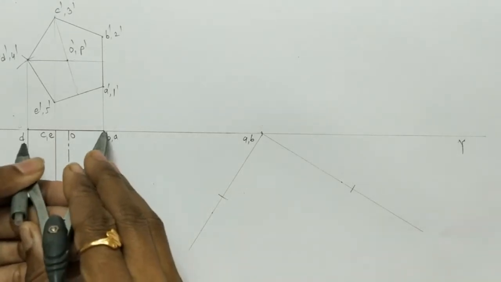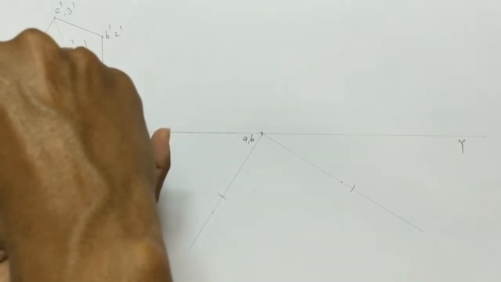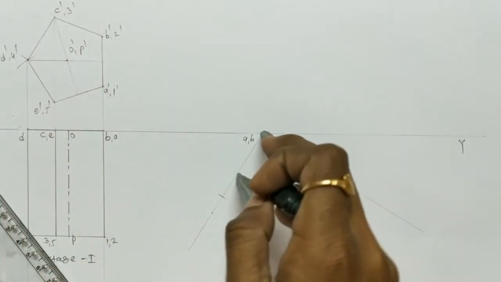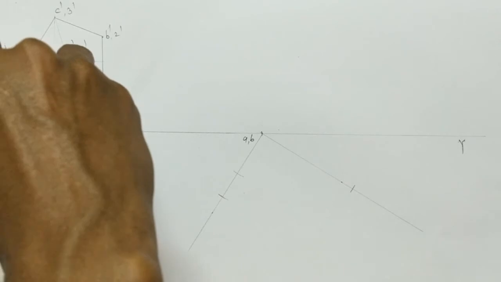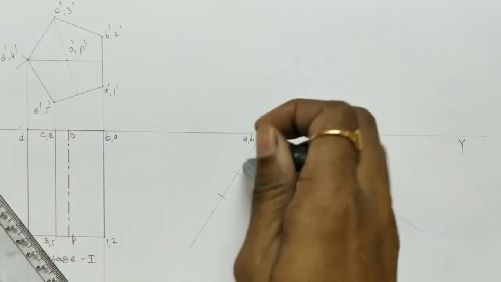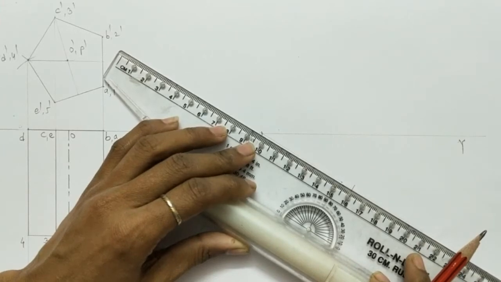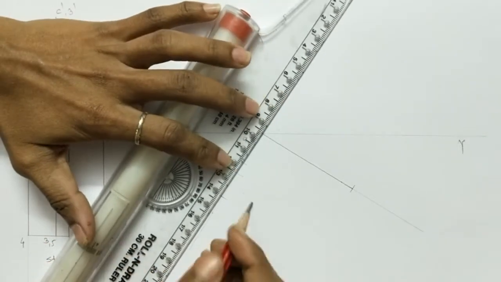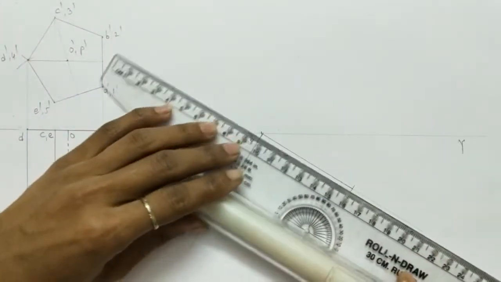Measure up to the distance CE and the axis distance, that is up to O. And now draw all these lines. Take projections.